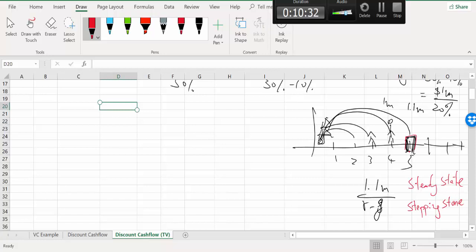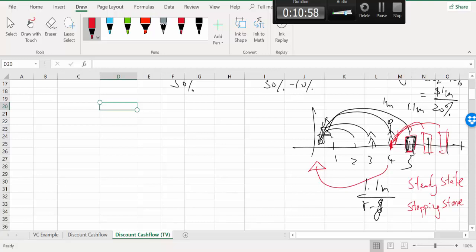Stepping stone is the point at which you are reaching cash flow stability, and you just have to be careful how you discount them back and from which point of view you discount to as your terminal value, and then you discount from here back to here. Remember we talked about that last time? So I'm not going to repeat that.